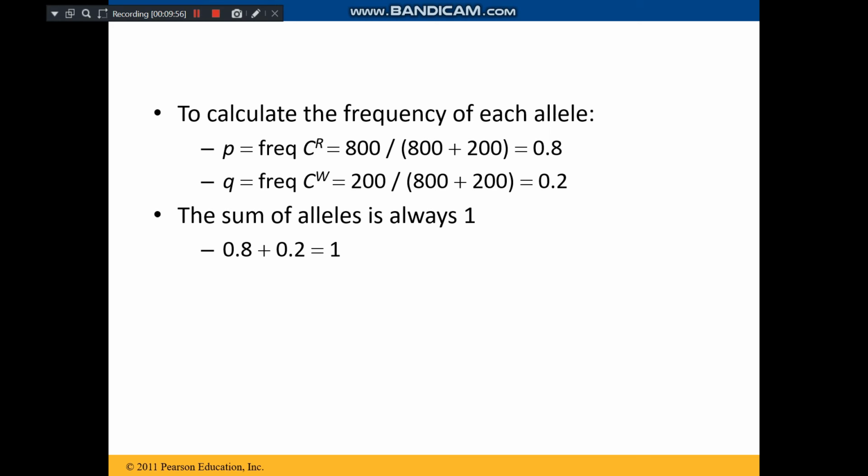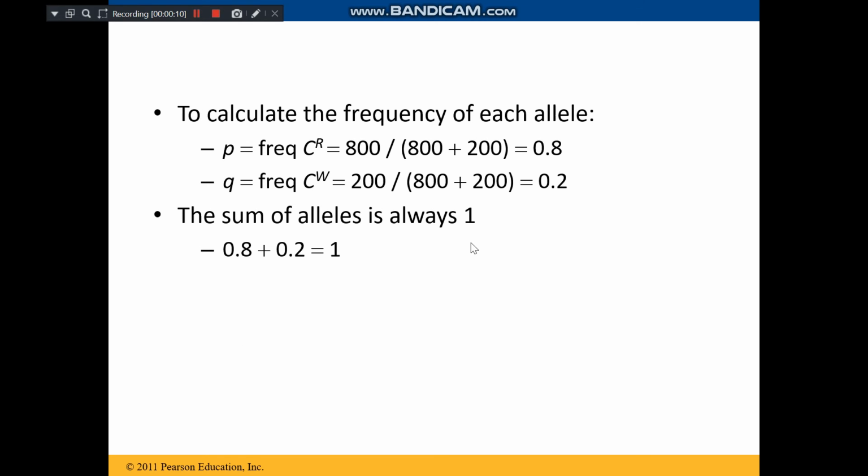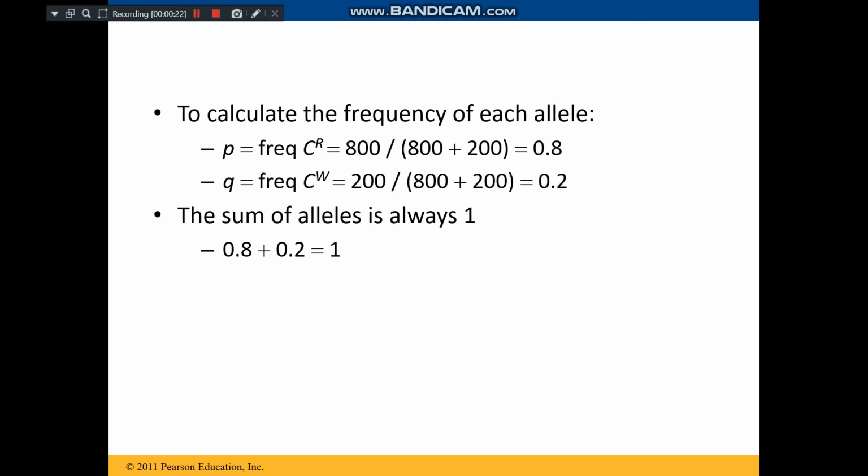Here, the frequency of CR is 800 divided by 1000, because in total it is 800 plus 200, 1000. 800 was the number of copies we have calculated for the allele.